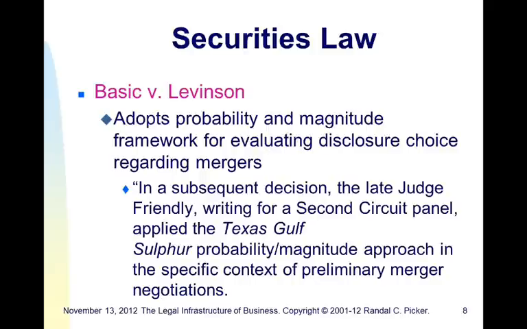How is it benefiting the firm, which is what the shareholders as a whole care about, to disclose that information? That seems to be the question, and that's not the analysis in BASIC versus Levinson. BASIC instead focuses on what a reasonable shareholder would want to know, as opposed to what's in the best interest of the firm as a whole, which is what the shareholders as a group should be focusing on.